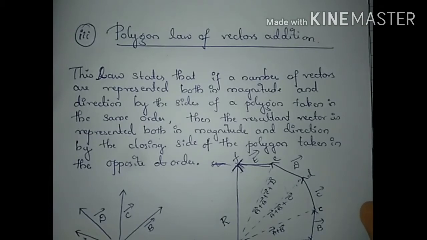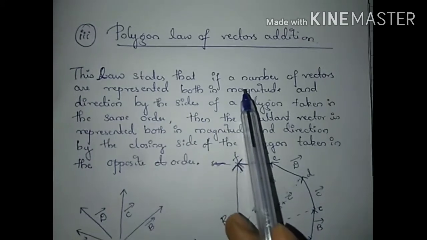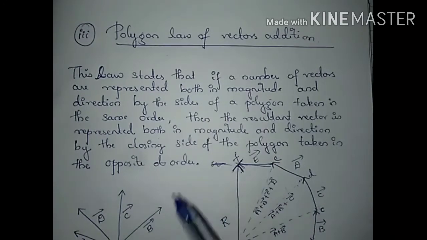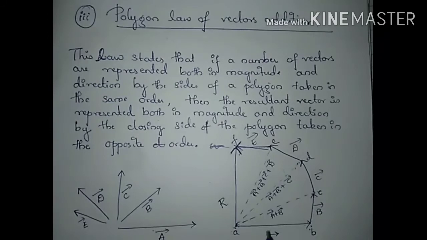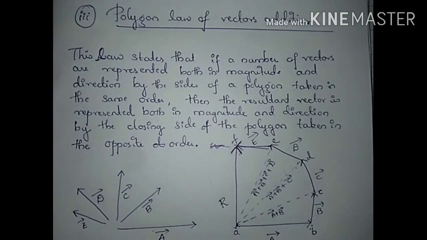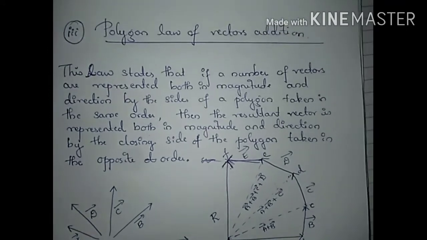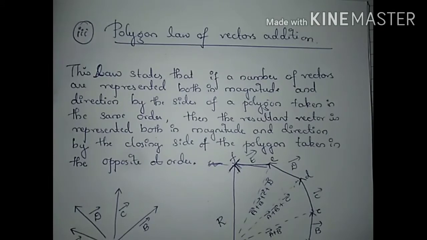Try to understand them as clearly as possible. They are not that difficult. If you understand the vector diagram, then you can easily prove the laws. So here comes the end of the polygon law of vectors addition.